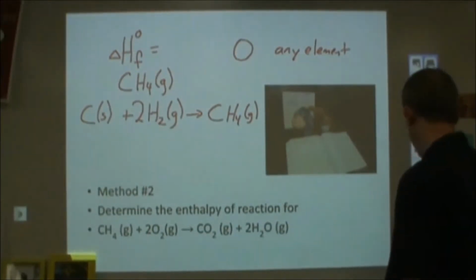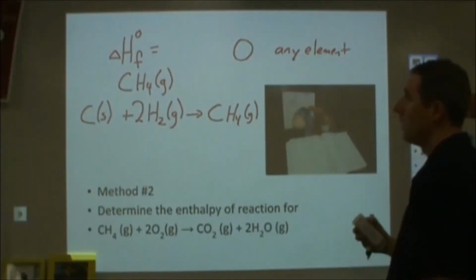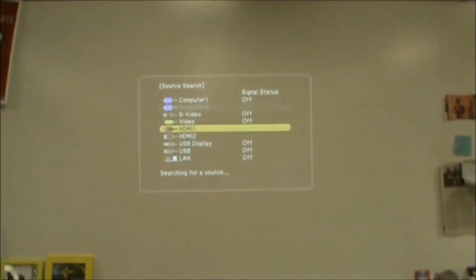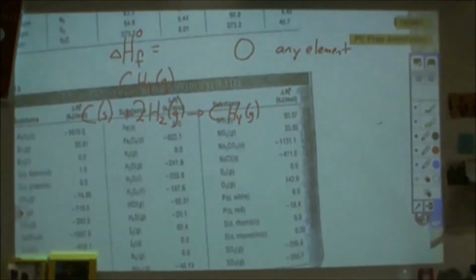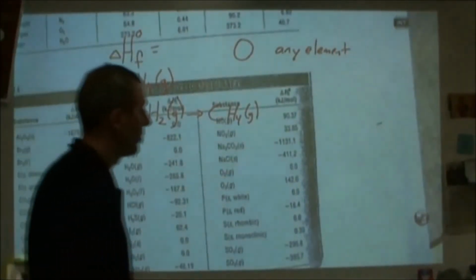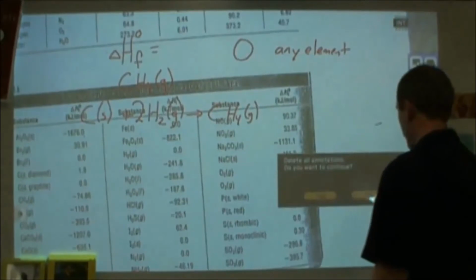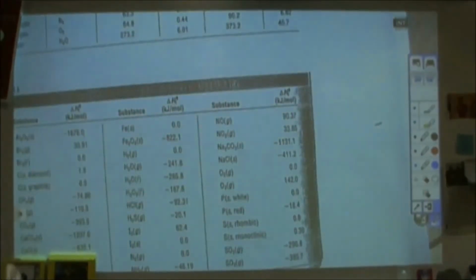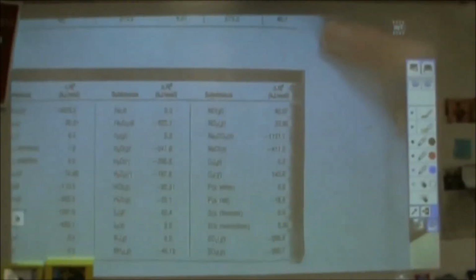Alright, so let's go ahead and take a look at one of those worksheets. So we can kind of come up with our values here. And keep in mind that what we're doing is we're going to go through and do methane. So we're looking at methane burning. And so here we have our sheet that has the different values on it.